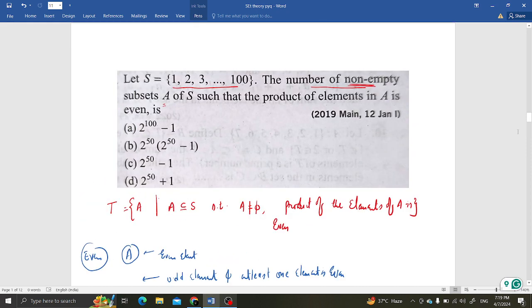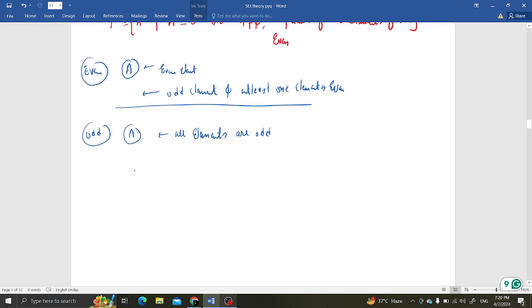So what I will do here, from the total number of subsets, what is the total number of subsets of S? Total number of subsets of S is 2 raised to the power 100. Okay. From this total number of subsets, I will subtract all those collections of A whose product will be odd.